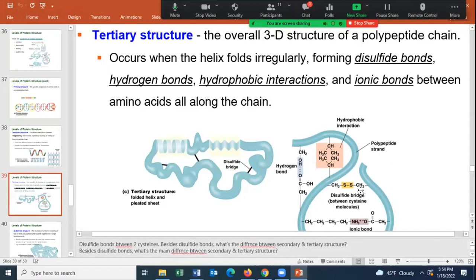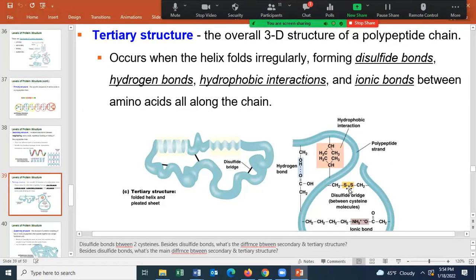And an example of the disulfide bridge and how much stronger it is: when you get your hair permed, it makes the disulfide bridges in your hair. And you can go into the shower and wash your hair for a month, and you'll still have your hair permed.